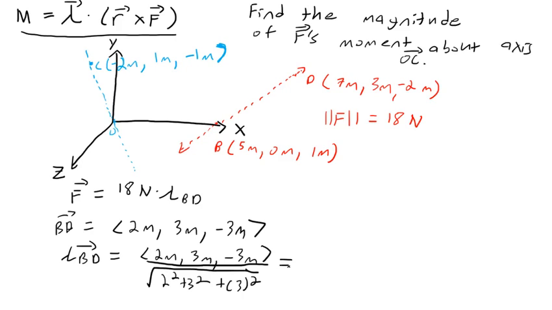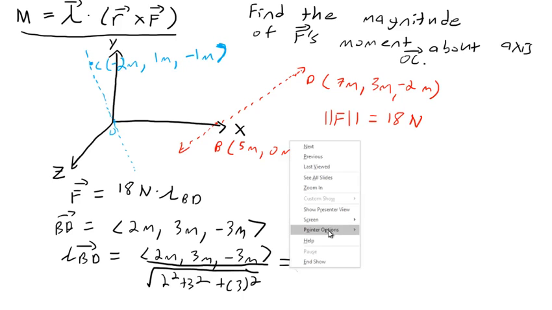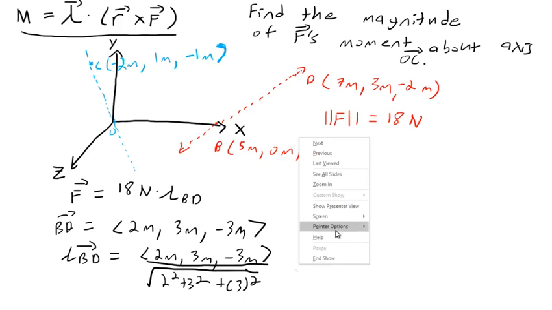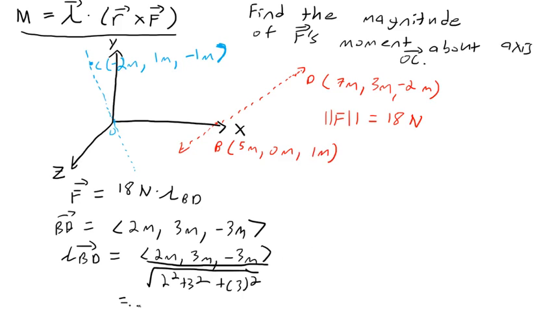It's an ugly unit vector, square root of 4 plus 9 plus 9. So I get lambda BD equal to 0.426, comma, 0.640, comma, negative 0.640.